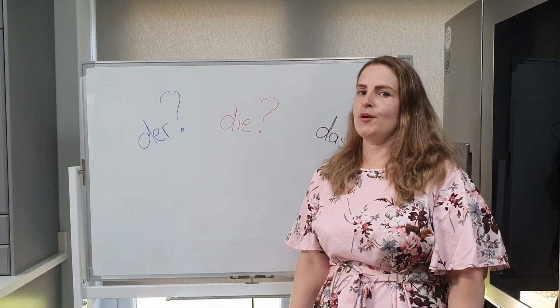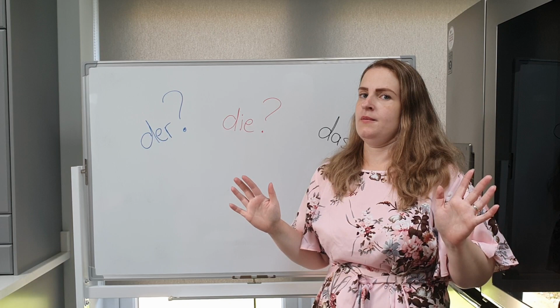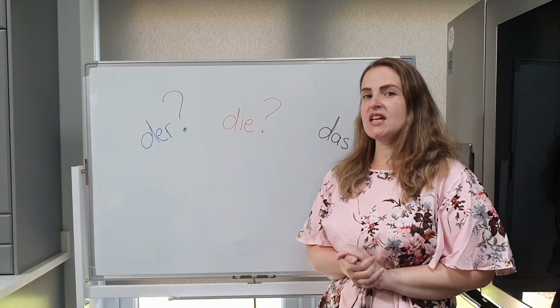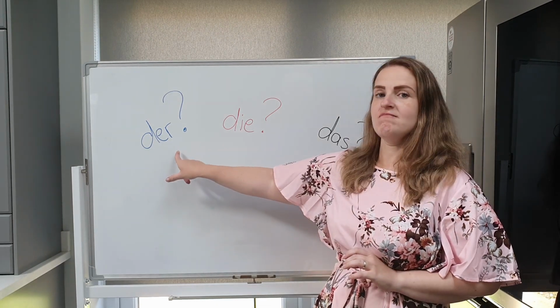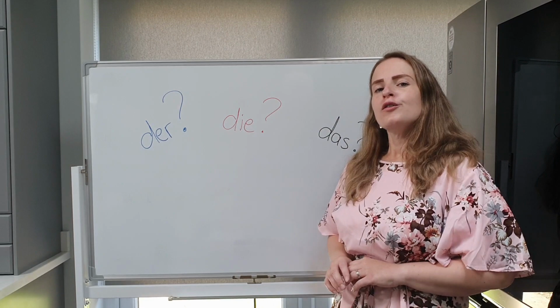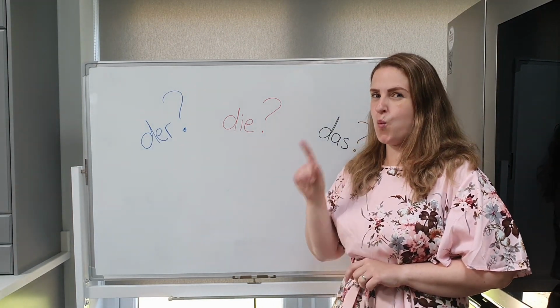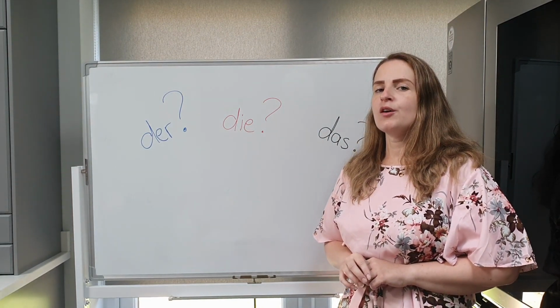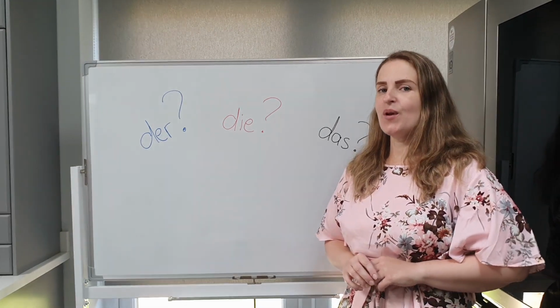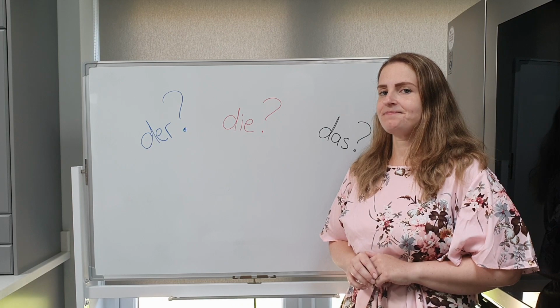So guys, I know that was a lot of information, but I hope I helped you a little bit on how to indicate when to use der, die, or das. So guys, please do me one favor. Whenever you learn a noun in the German language, always learn it with the right article.